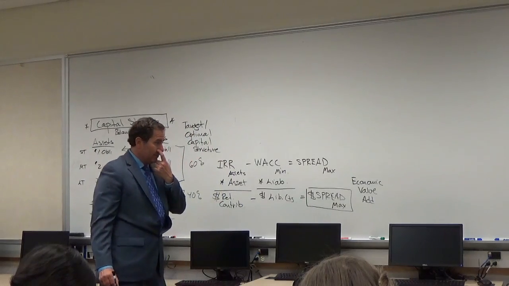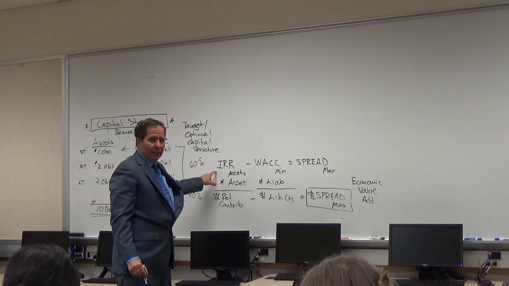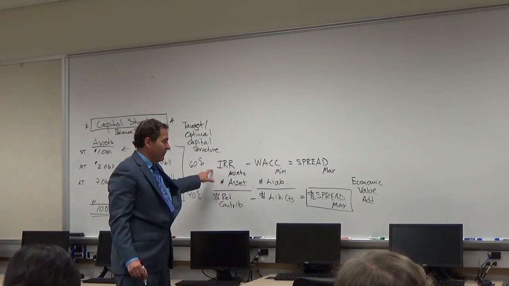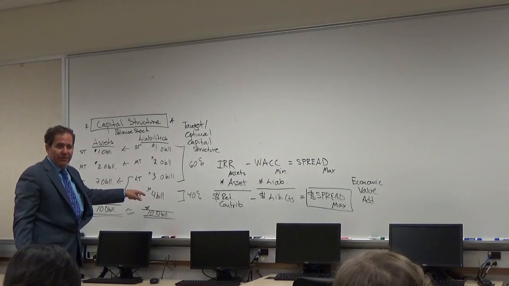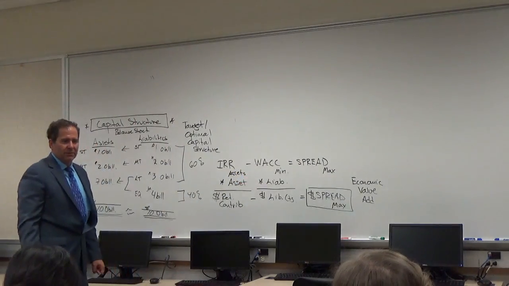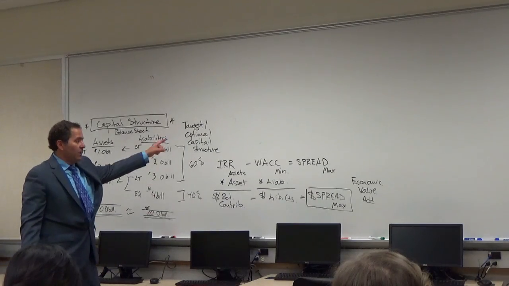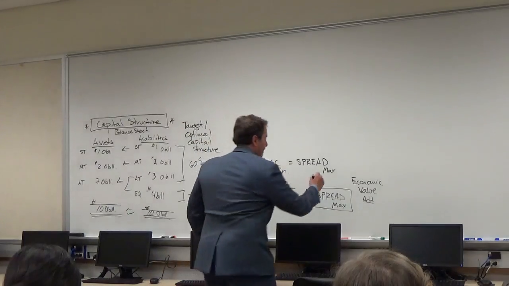Can I pick assets and acquire companies that are going to maximize internal rates of return? And can I manage the liability side of the balance sheet to minimize the cost of capital by understanding what our optimal target capital structure is to maximize the EVA?